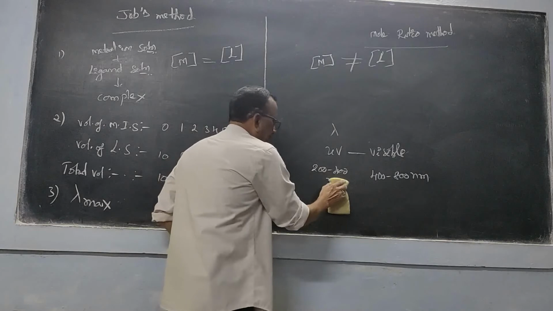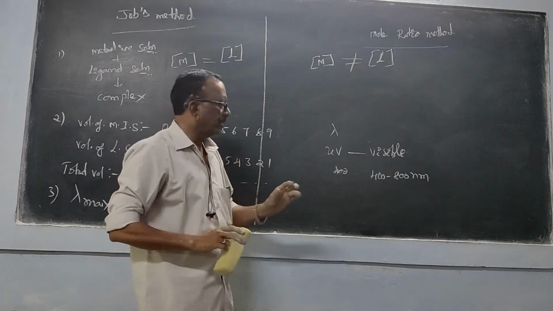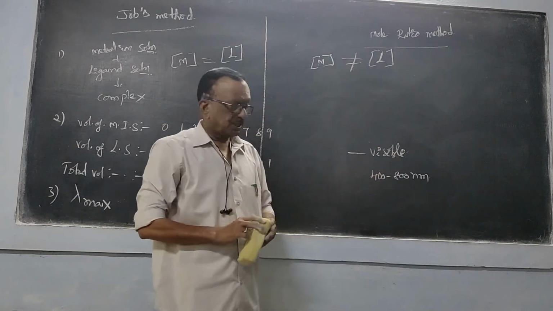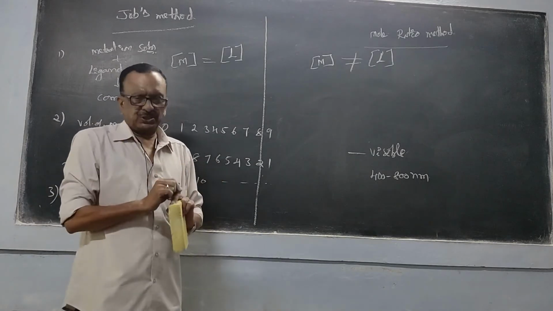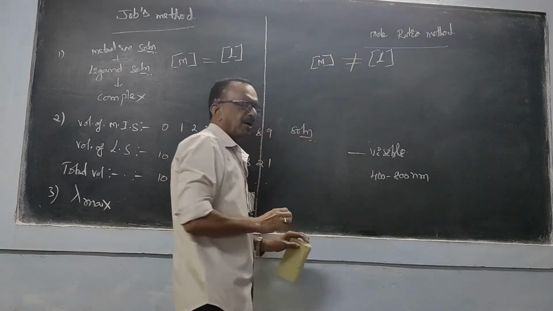Now we are taking, from 400 we are proceeding, only visible light here. Now, lambda maximum means, we are taking a solution of any compound.